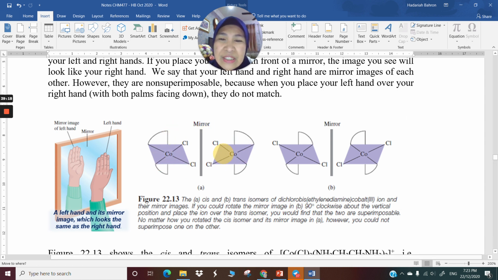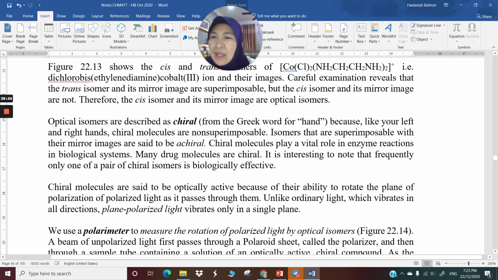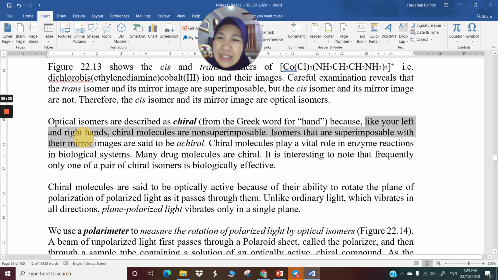Enantiomers cannot be superimposed with one another. Optical isomers are described as chiral, from the Greek word for hand, because, like your left and right hands, chiral molecules are non-superimposable. Isomers that are superimposable with their mirror images are said to be achiral.